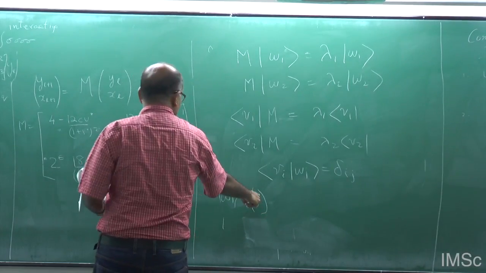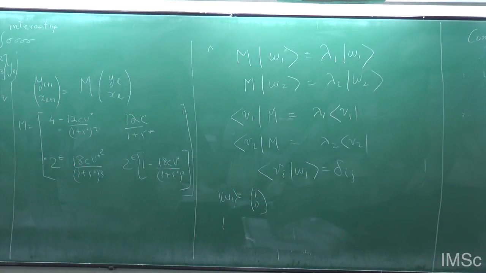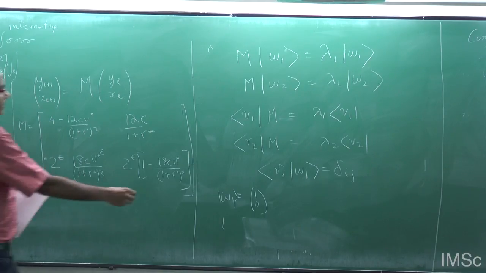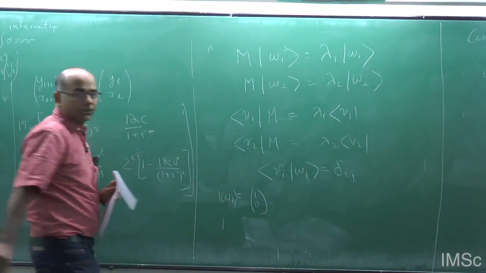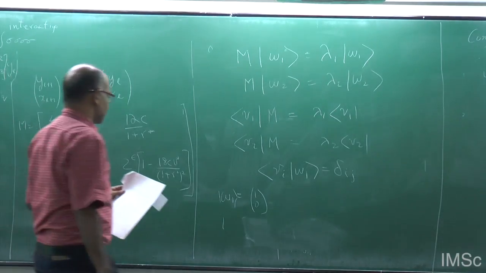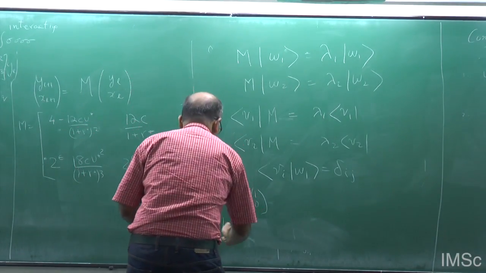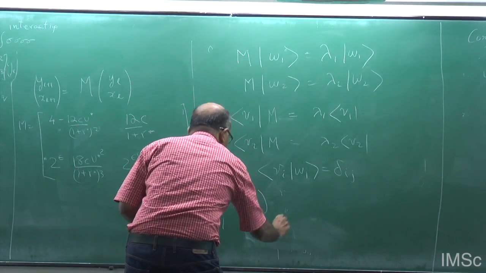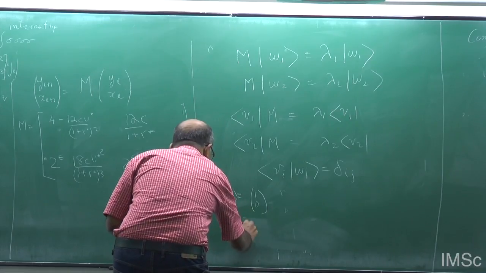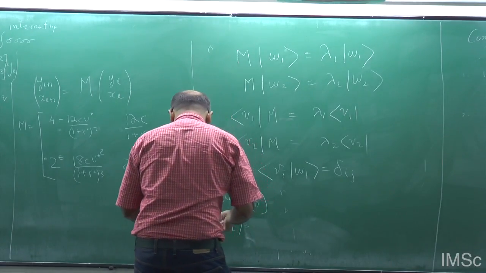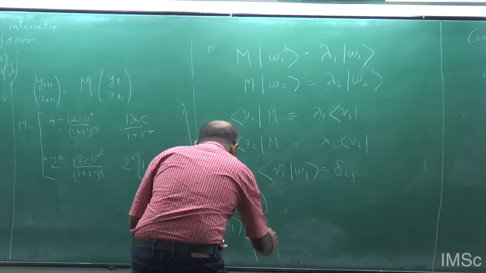This is the basis where 1 corresponds to R, so we are writing it in the basis RU. The top number corresponds to the R, the bottom number corresponds to the U in that basis. W1 is that. So this is in the basis RU, and W2 is a complicated one.